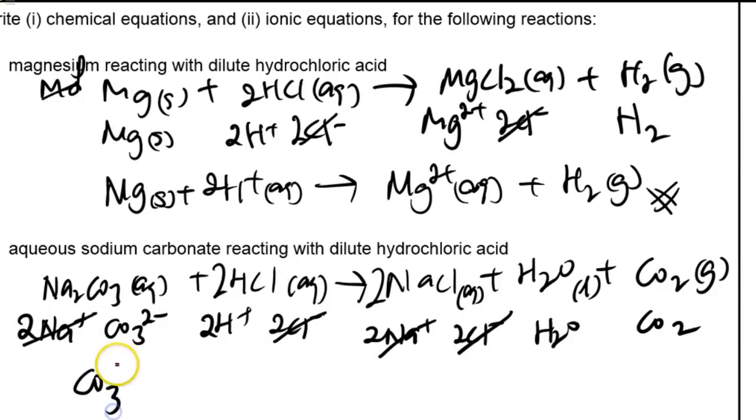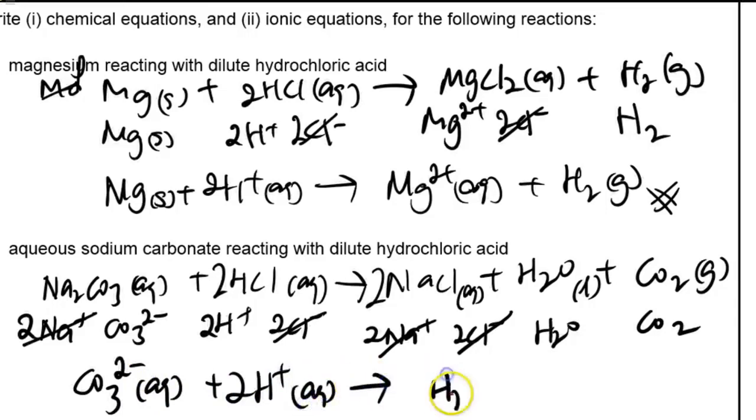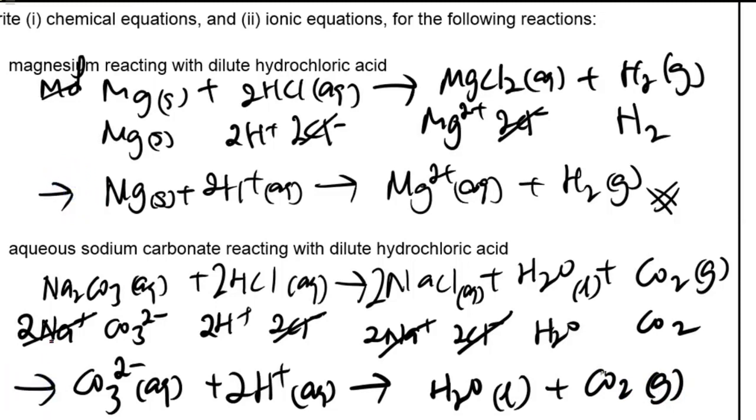We simply have our carbonate ion, aqueous state, plus 2H+, aqueous state, giving us H2O, liquid state, plus CO2, gaseous state. So the ionic equation over here, notice that it actually tells us which species is actually involved in the chemical reaction. So for the first one, acid metal reaction, the metal is reacting only with the H+.